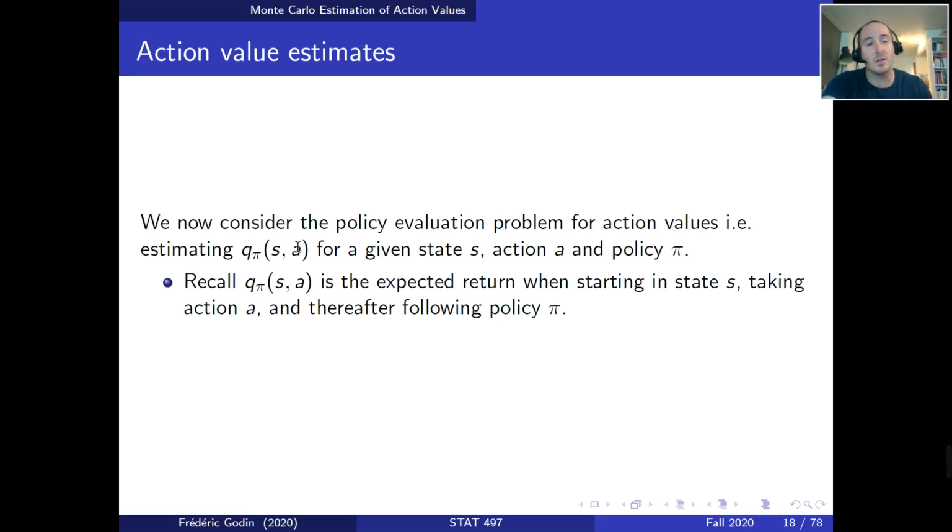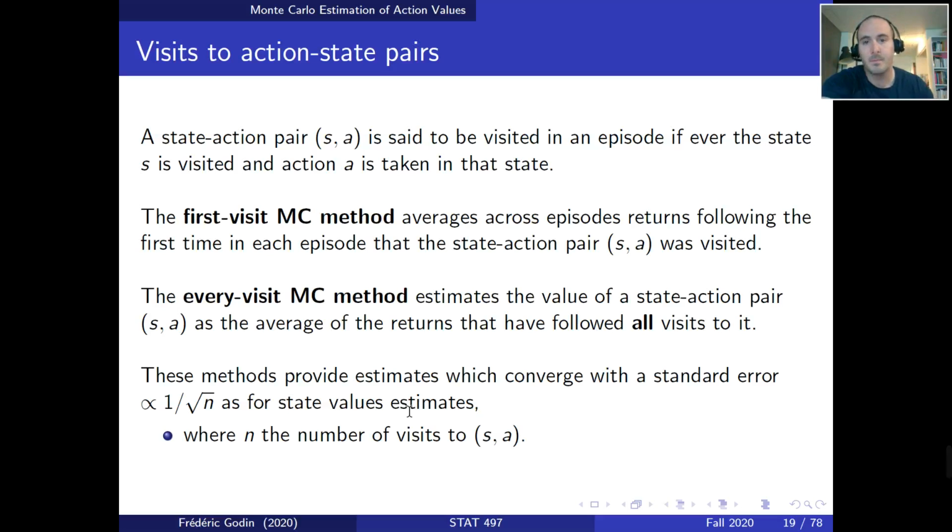Here, just a quick recall, Q pi of S and A is the expected return, where return is the sum of future discounted rewards, if we start in state S, perform action A in state S, and then for all subsequent actions, we follow the policy pi. So this is the definition of Q pi. We want to estimate that quantity with Monte-Carlo methods.